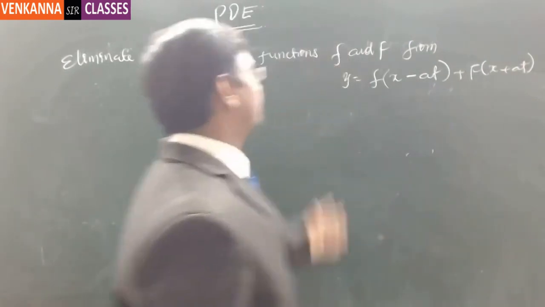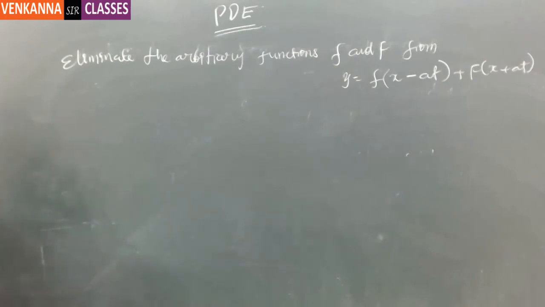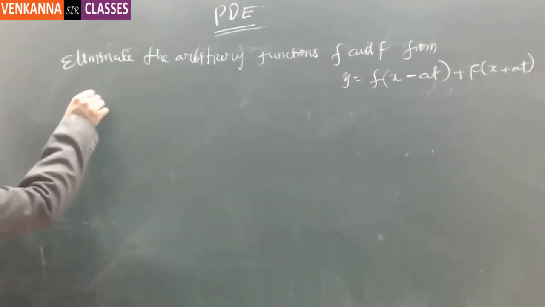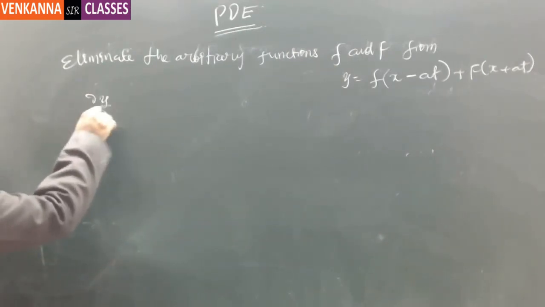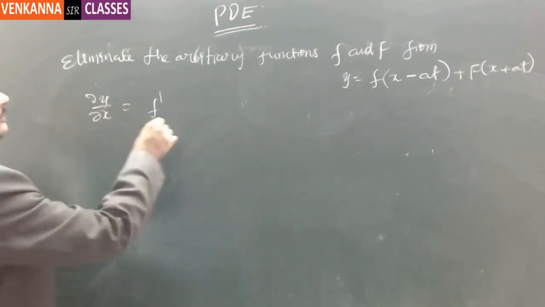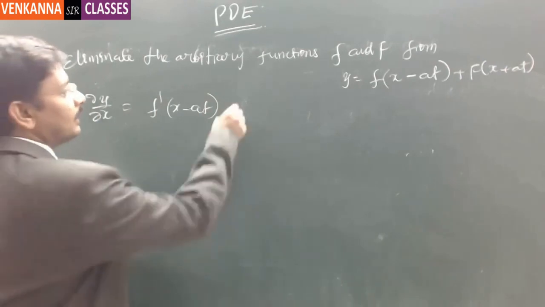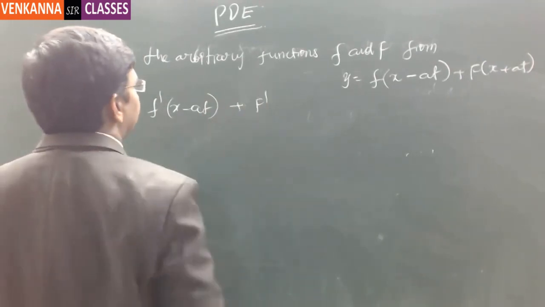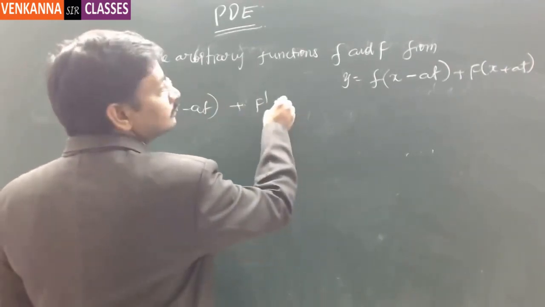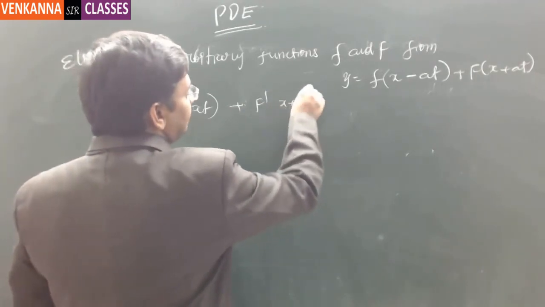So here if you take the derivative, ∂y/∂x is equal to f dash of (x minus at) plus F dash of (x plus at).